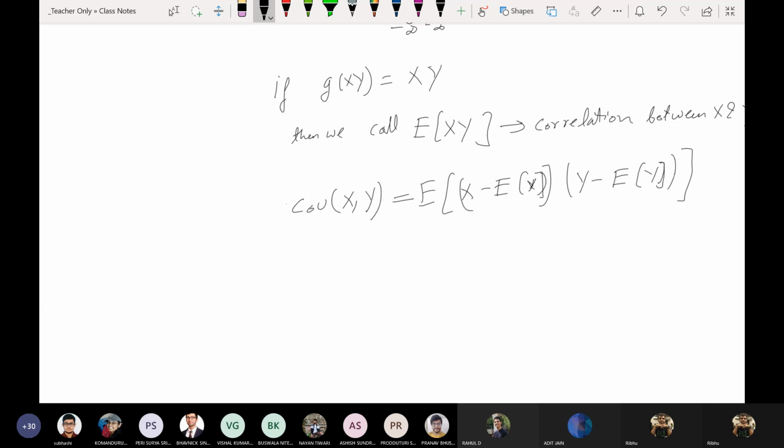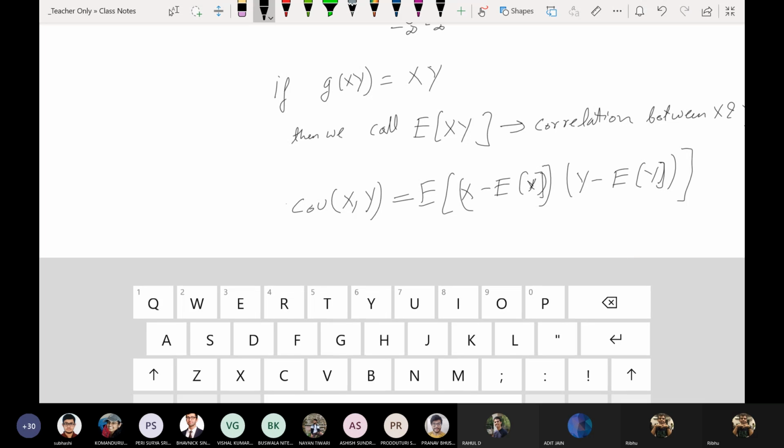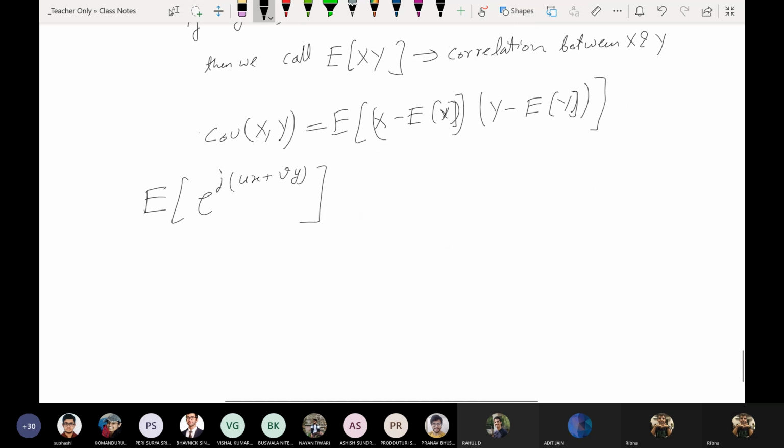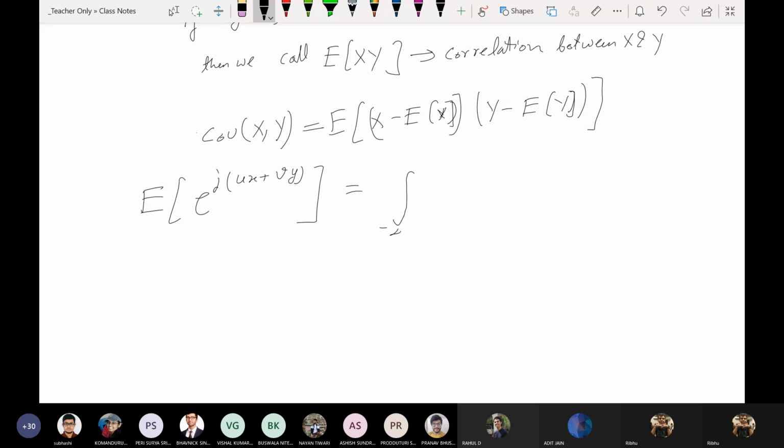Fine. Now let us look at another beast. The expectation of e to the power j(ux plus vy) equals the double integral.